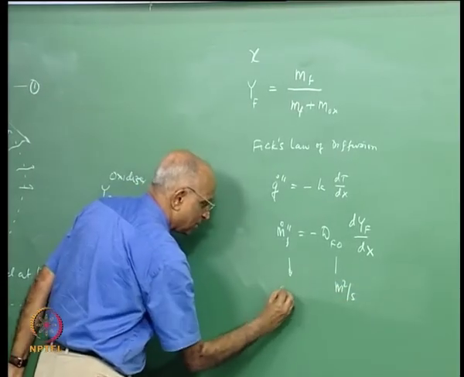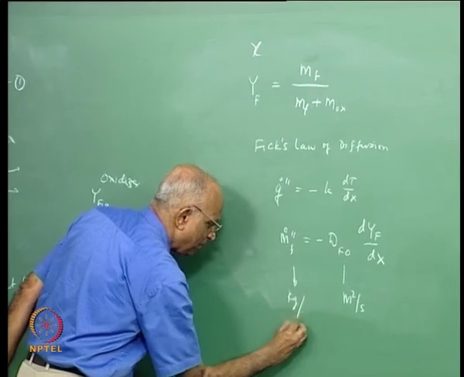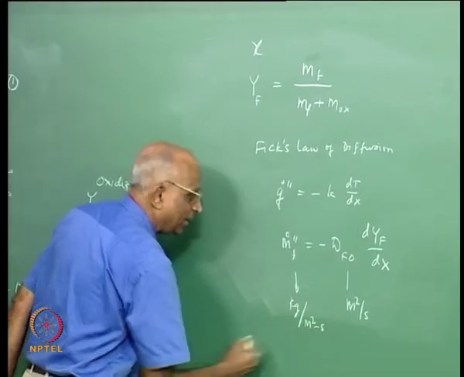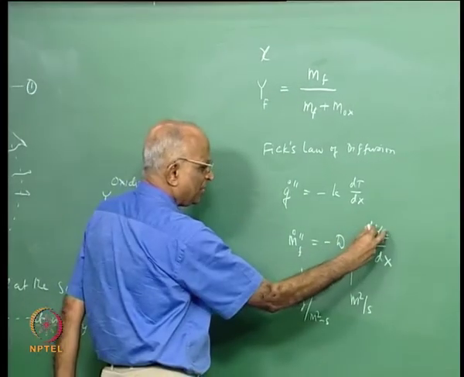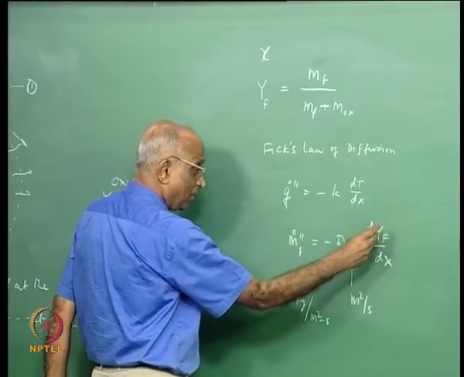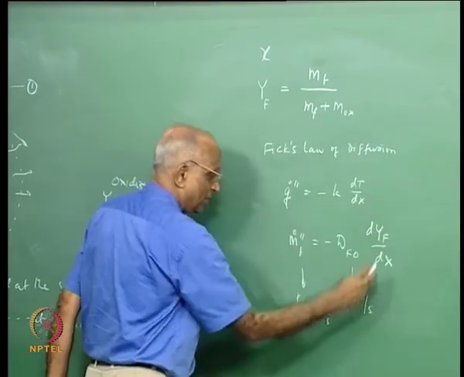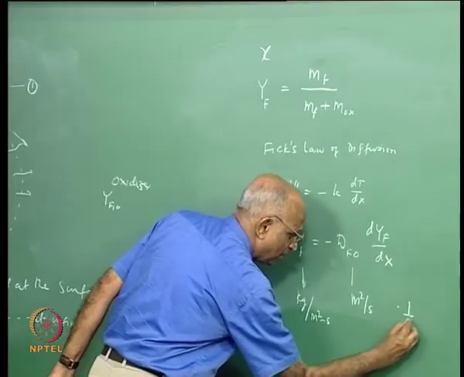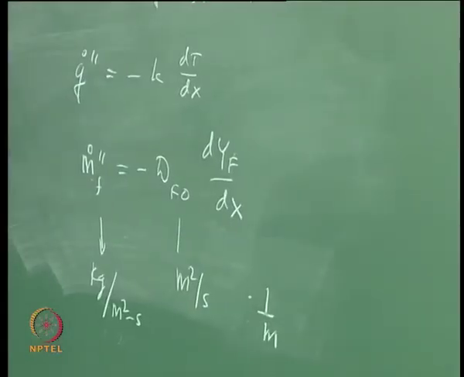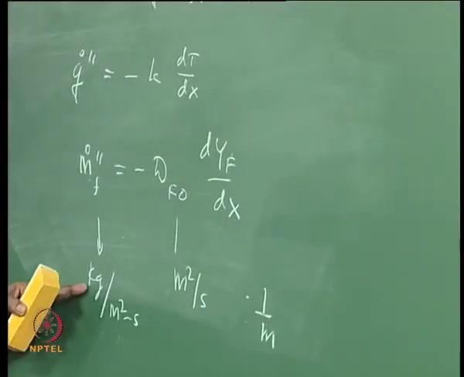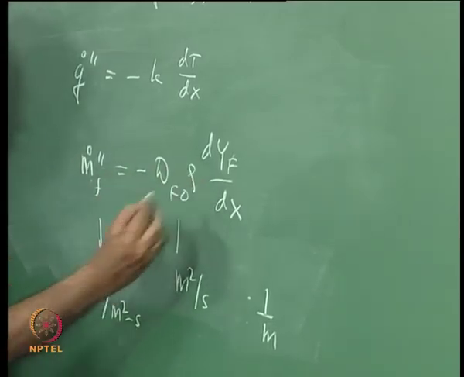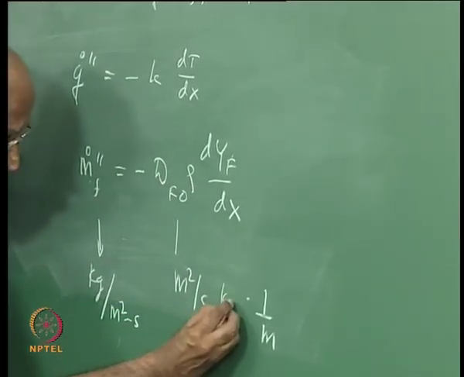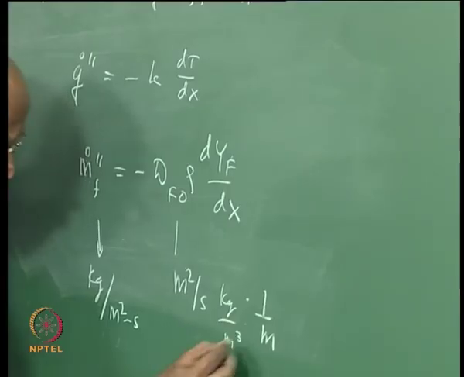The mass flux is kilogram per meter square second. Well, concentration has no units because it is a fraction. Here mass fraction has no units, and therefore the unit is 1 over meter. And therefore, to have the same units, I must multiply it by the density, which has units of kilogram per meter cube.